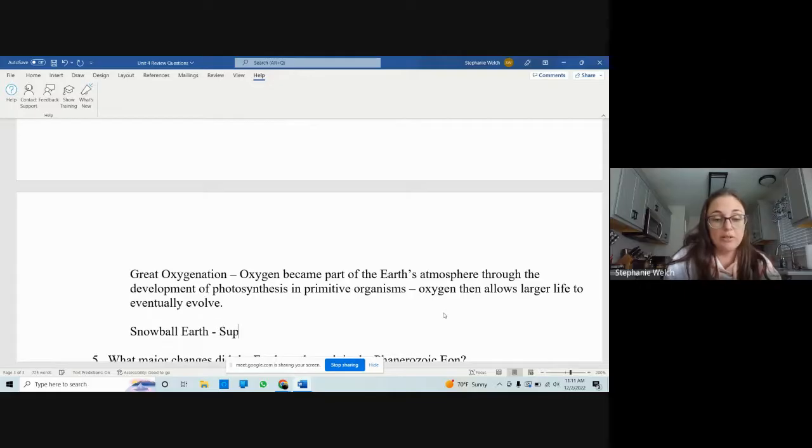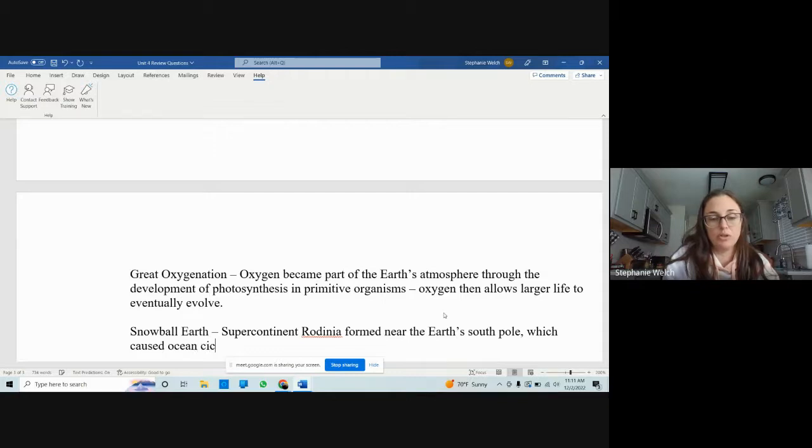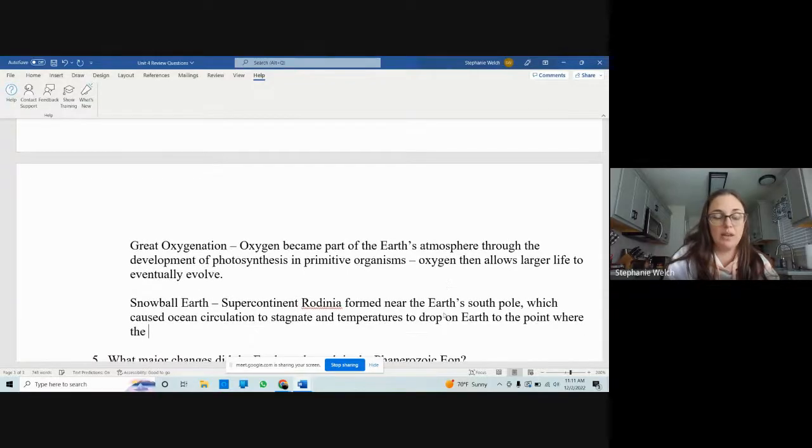So a supercontinent called Rodinia formed near the Earth's south pole, which caused ocean circulation to stagnate and temperatures to drop on Earth to the point where the entire planet was covered with ice.